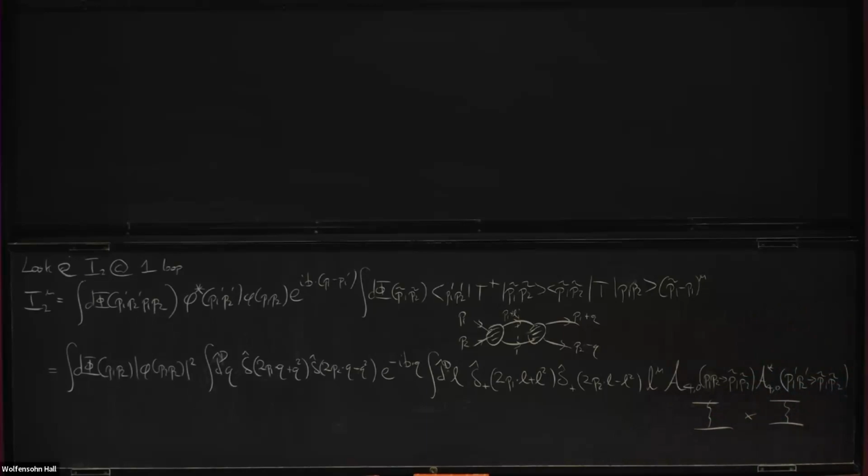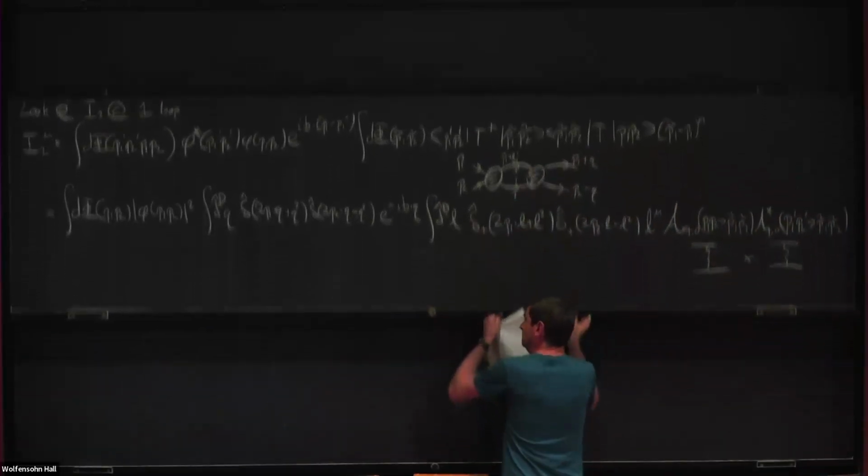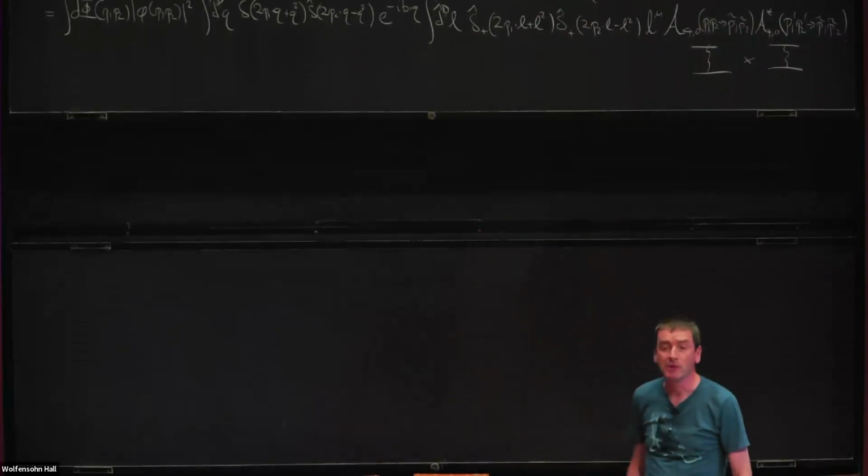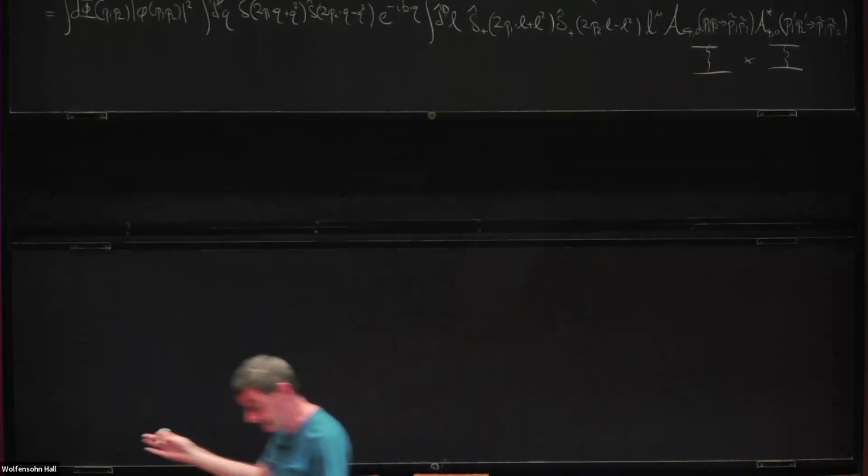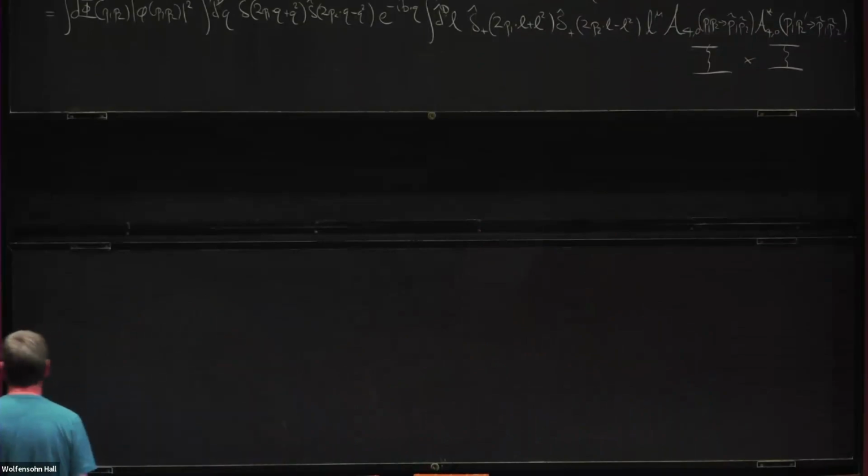Okay, so I want to simplify this big expression now, so I'm going to keep it. And we'll simplify it for a little while, and then it'll all become nice.